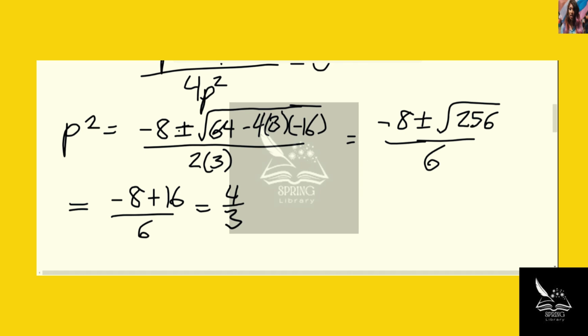And therefore, once again, because we're in the first quadrant, p has to be positive, so p is the positive square root of 4/3, which is 2 over root 3.